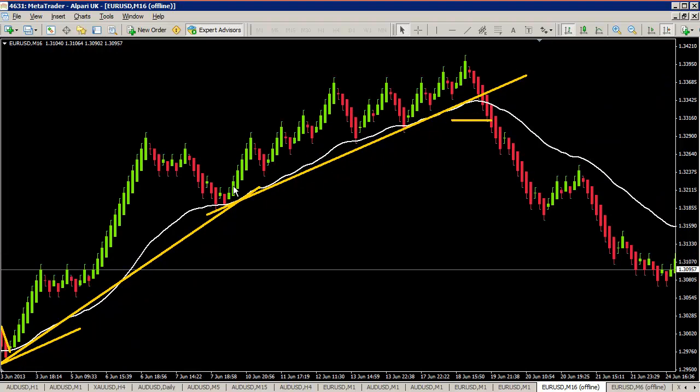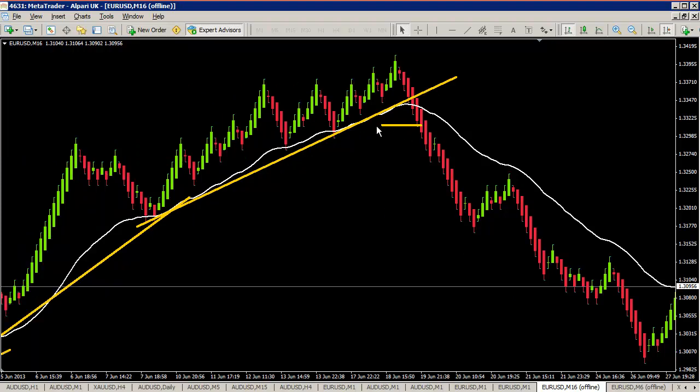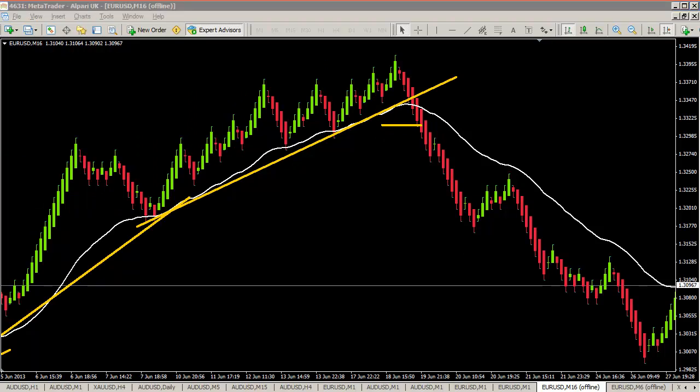Now, when the price breaks that line, what you then do, you look for what? What do you look for? Just remember. If the trend line breaks in the 36 to the downside, what are you looking for?